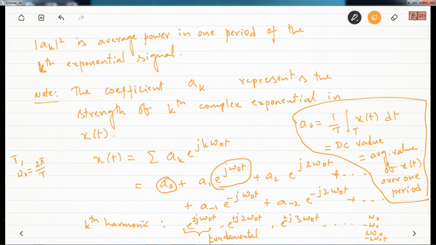Together they are called the spectrum of the signal x of t. It tells us, in the signal x of t, how much of x of t is composed of a frequency at 2 omega naught t, and so on.